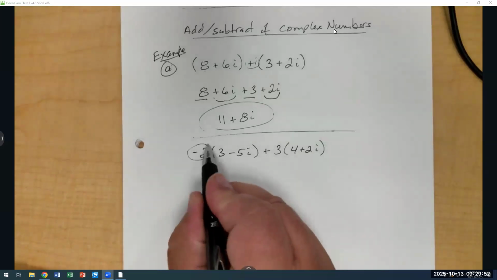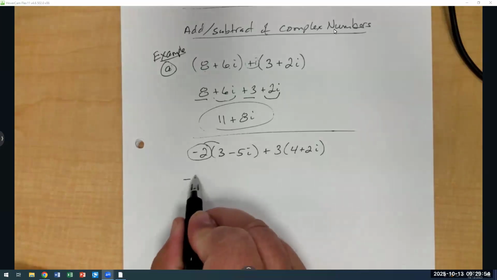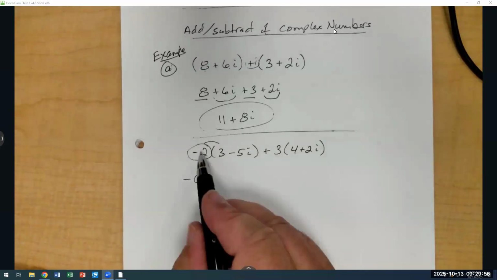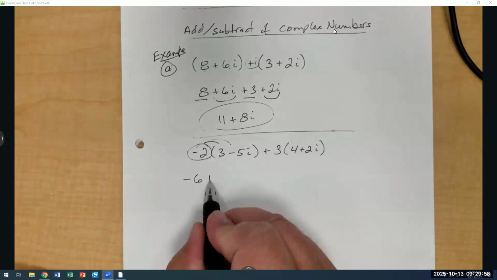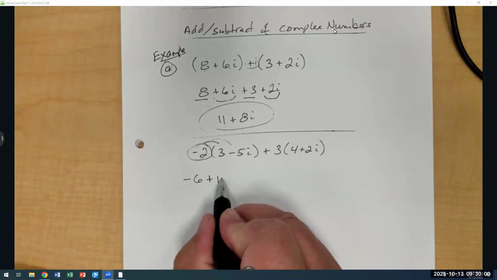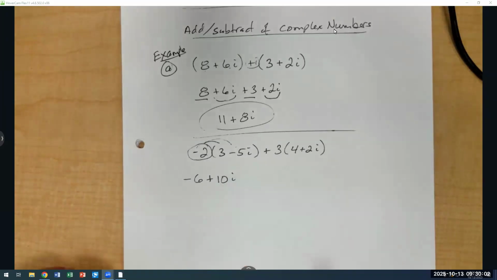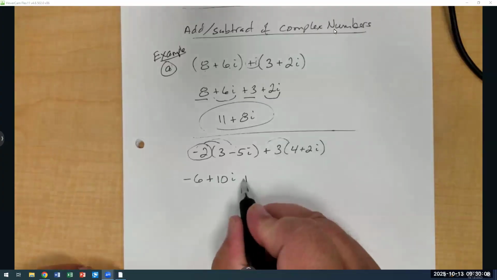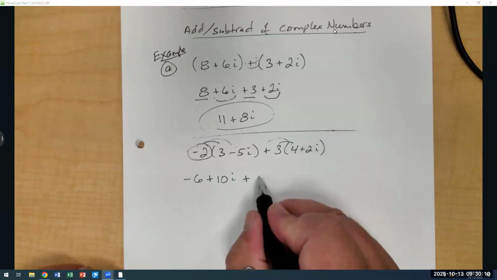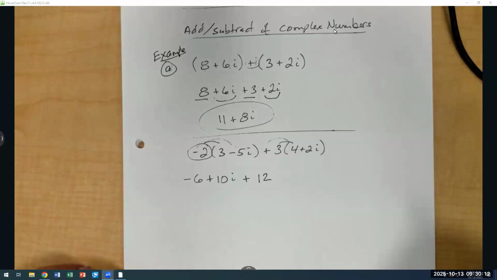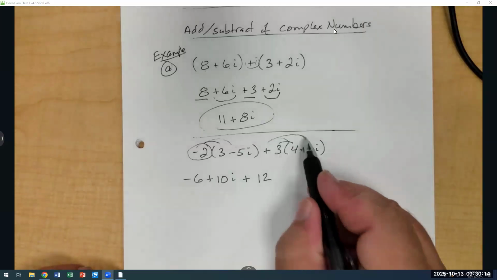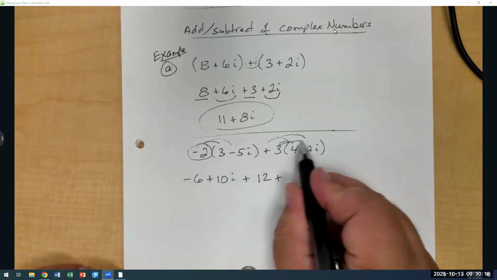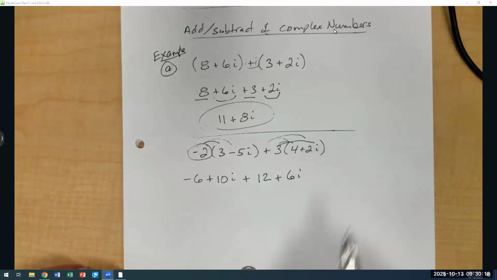So negative 2 times 3 is negative 6. Negative times negative is a positive. 2 times 5 is 10i. Positive times positive is a positive. 3 times 4 is 12. Positive times positive is positive. 3 times 2 is 6i.